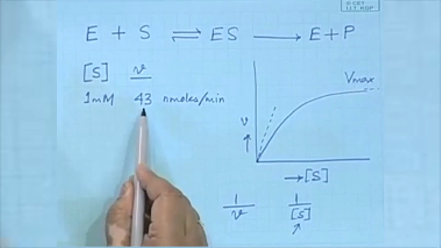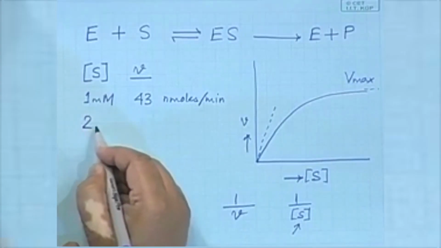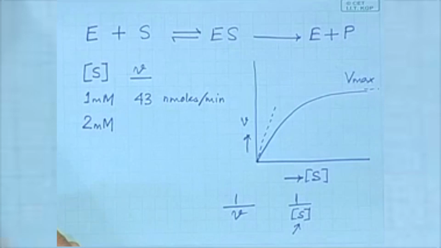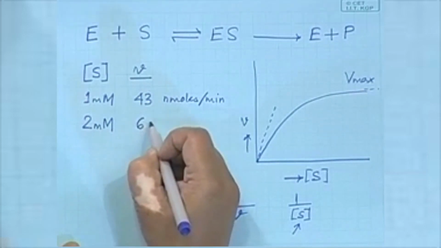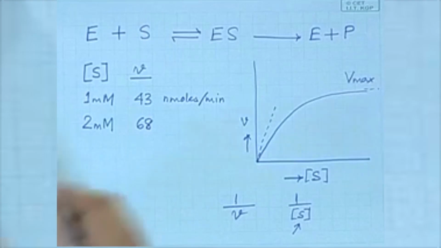It is the initial velocity associated with the substrate concentration of 1 millimolar. Now I repeat the reaction with 2 millimolar substrate. Then my velocity increases to 68 nanomoles per minute.